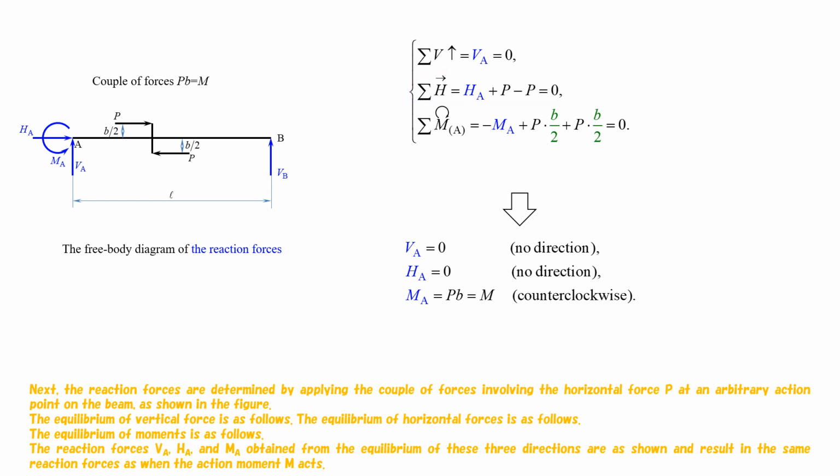The equilibrium of moments is as follows. The reaction forces, Va, Ha, and Ma, obtained from the equilibrium of these three directions, are as shown, and result in the same reaction forces as when the action moment m acts.